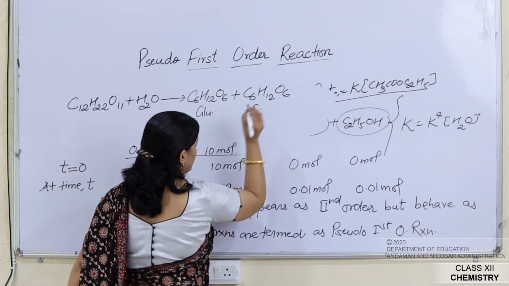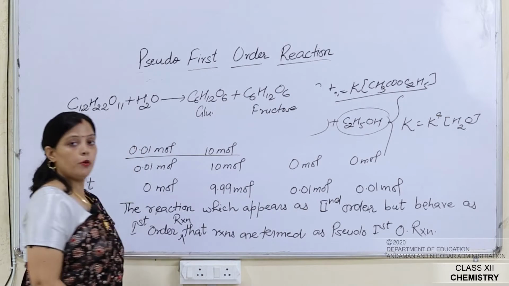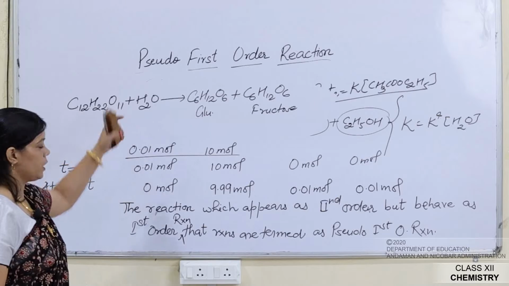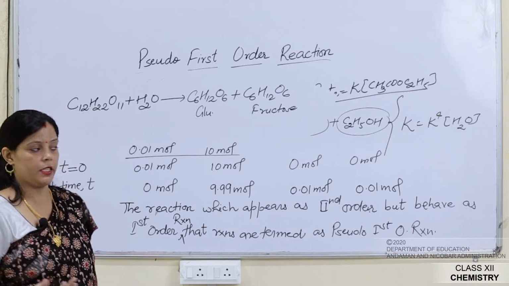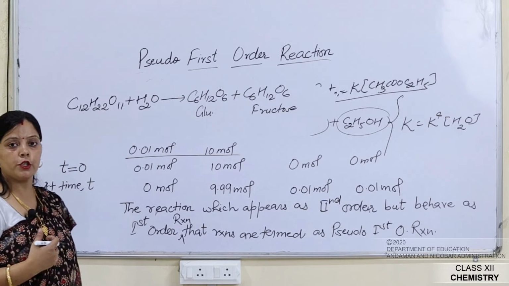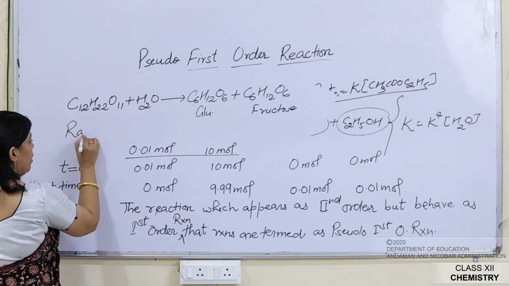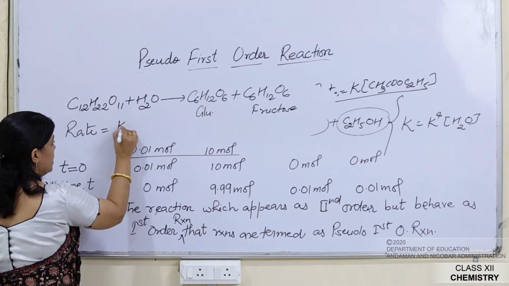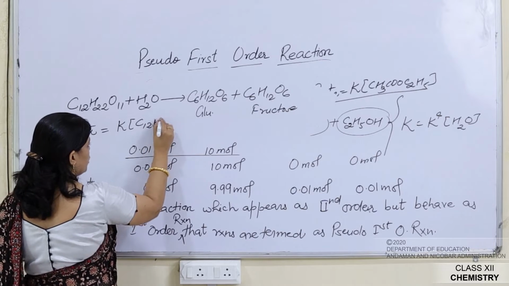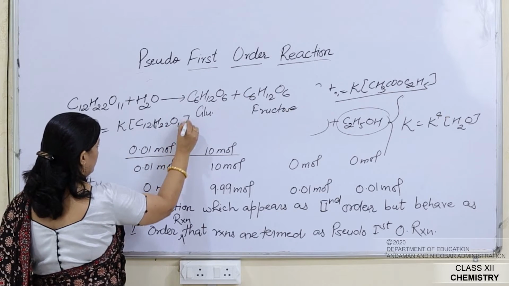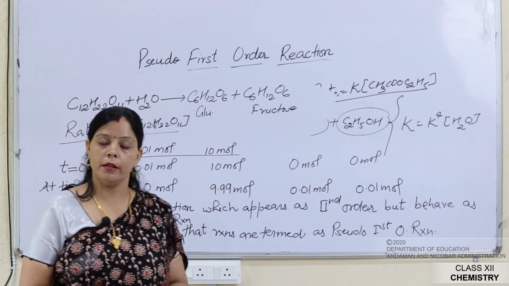This reaction also comes under the pseudo first order reaction, because on seeing this equation it is clear that it is a bimolecular reaction, but since the concentration of H2O does not change too much during the course of the reaction, the rate equation for this reaction is simply written as the concentration of the sucrose C12H22O11. This is also a pseudo first order reaction.